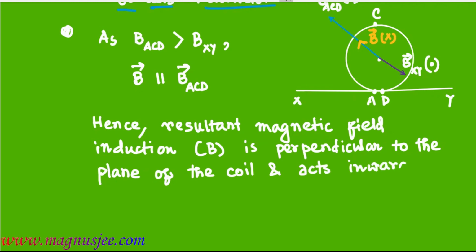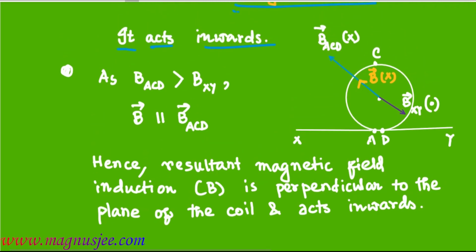Resultant magnetic field induction B is perpendicular to the plane of the circular coil and acts inwards.